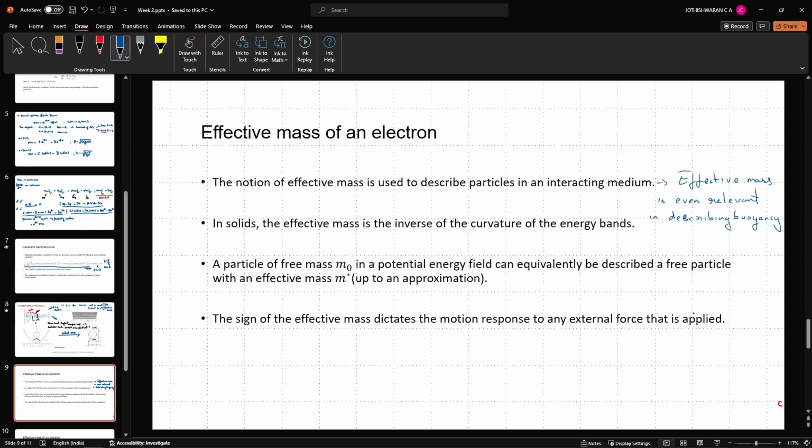If it has negative mass, then the gravitational pull will have the opposite sign, which means instead of being pulled, it will be pushed away. So a bubble that is rising with respect to the gravitational field can be represented by a negative effective mass. The same analogy holds when we talk about positive and negative effective masses in solids.